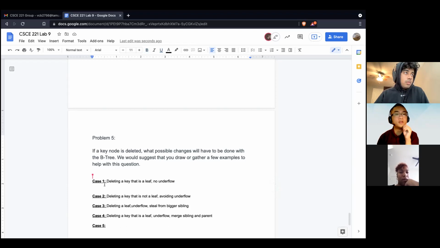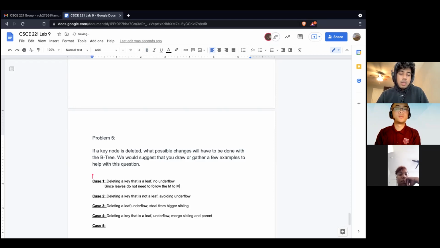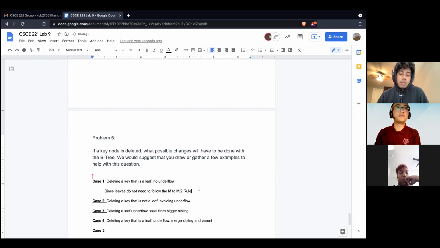So what is it? Since the leaves do not need to follow the M to M over 2 rule, we can just delete the leaf in question.